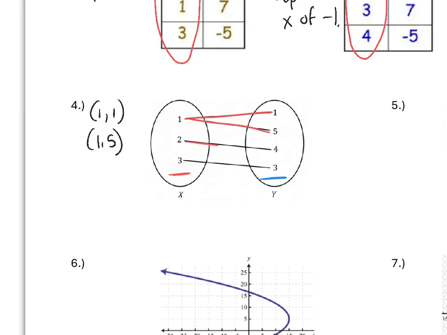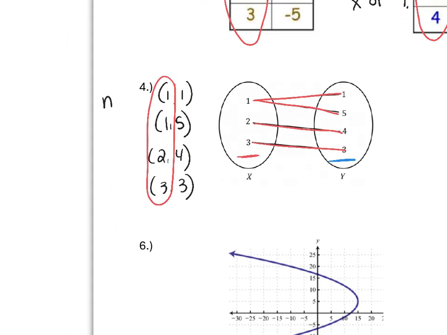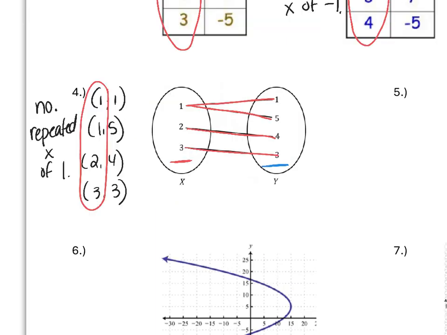And then we have 2, 4. And then 3, 3. So now that I can clearly see the ordered pairs, I again am just looking at my x's. I have the repeated x value at 1, so I'm going to say that no, this does not represent a function because we have a repeated x of 1.